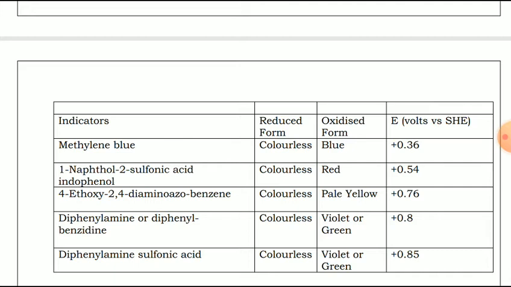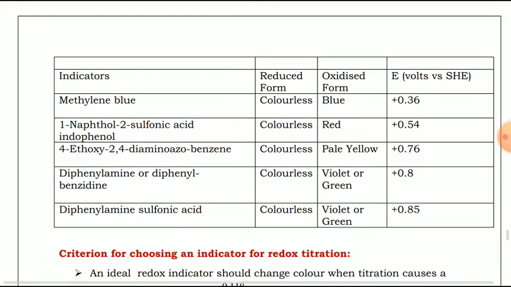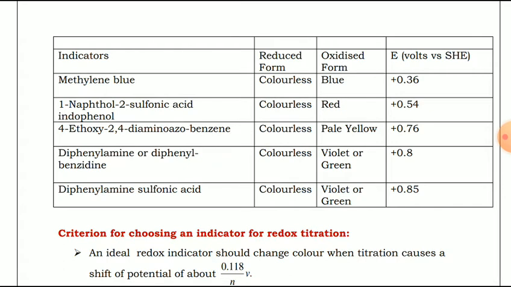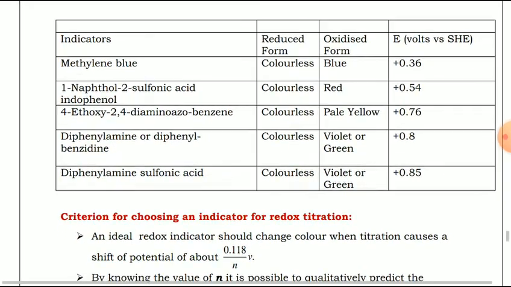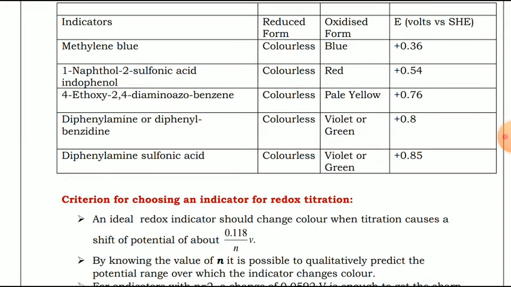Now we will see the criteria for choosing an indicator for redox titration. An ideal redox indicator should change color when the titration causes a potential shift of about 0.118 upon n volt. By knowing the value of n, it is possible to qualitatively predict the potential range over which the indicator changes color.